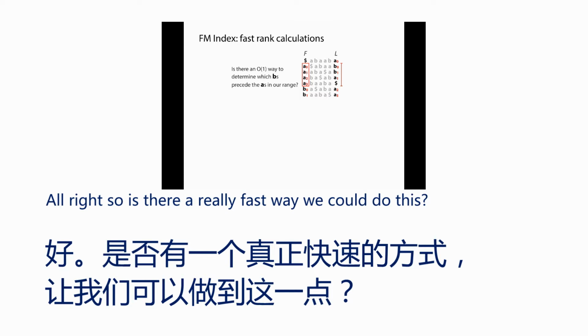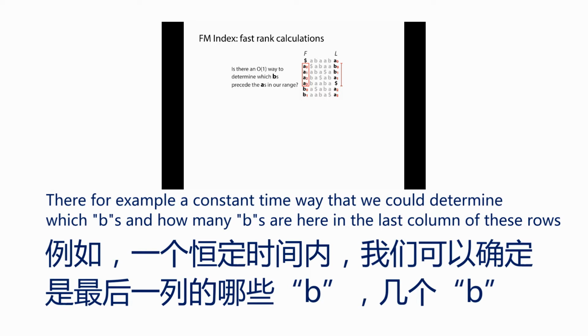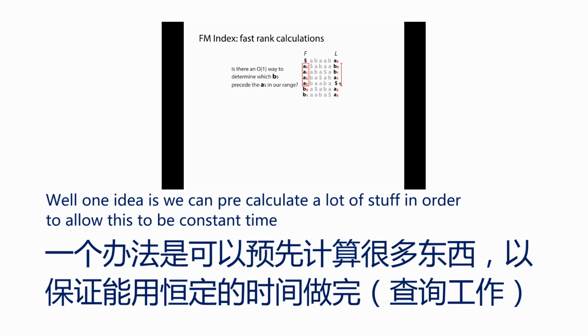All right. So is there a really fast way we could do this? Is there, for example, a constant time way that we could determine which B's and how many B's are here in the last column of these rows? Well, one idea is we can pre-calculate a lot of stuff in order to allow this to be constant time.